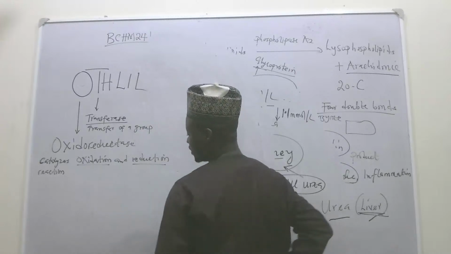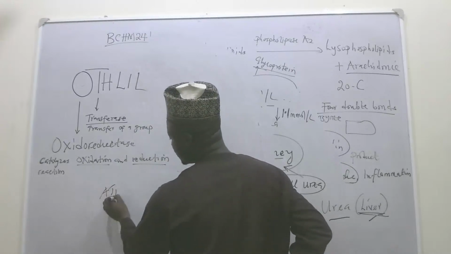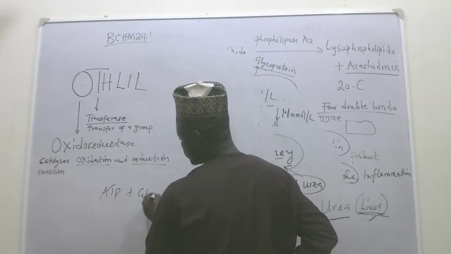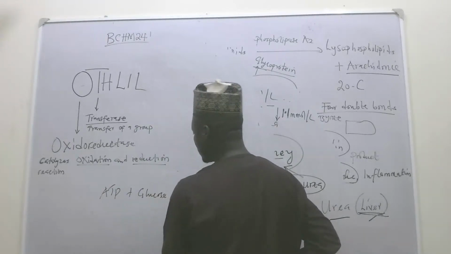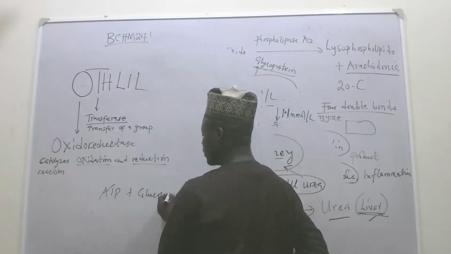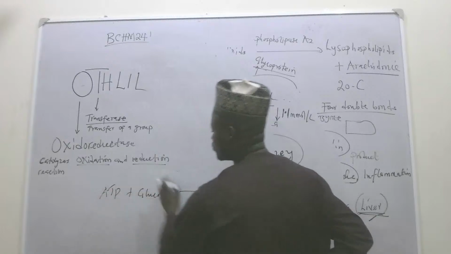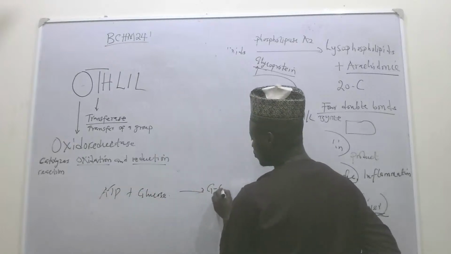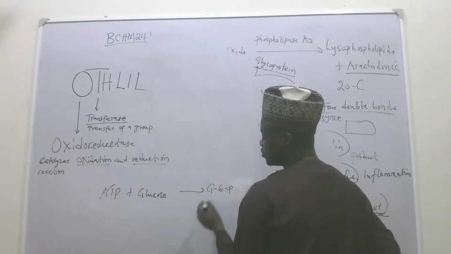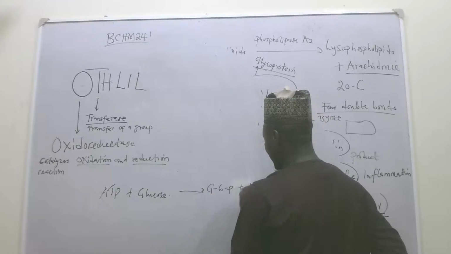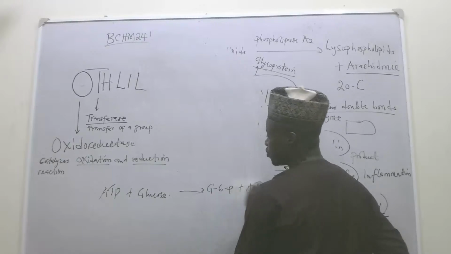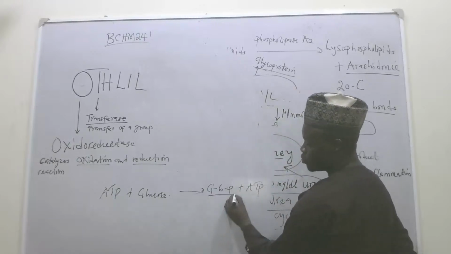Like for example, let's say you have ATP plus glucose. When you take one phosphate from ATP and transfer it to this glucose, it is going to be glucose 6 phosphate. So you take one phosphate and add it to carbon 6 of glucose. That is why you have glucose 6 phosphate.